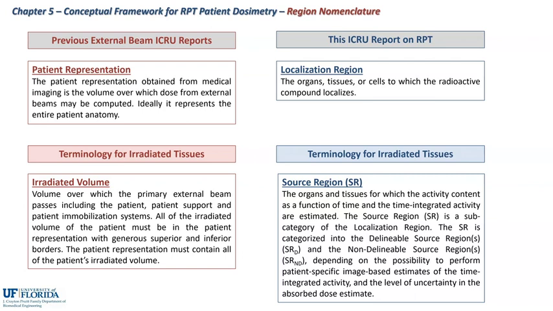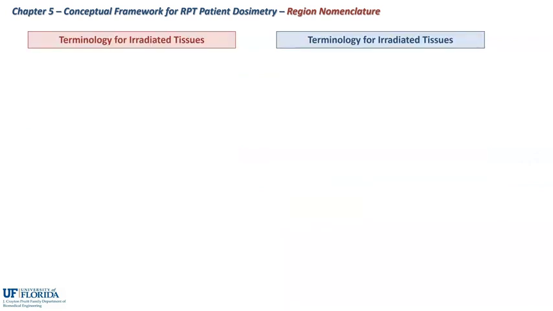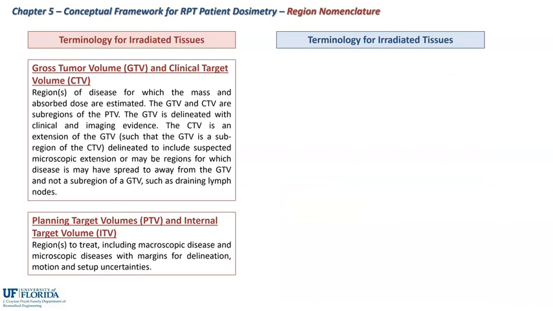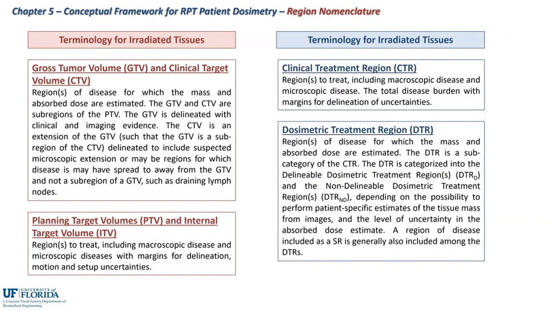And these can be either delineable or non-delineable, depending on the possibility of performing patient-specific imaging estimates and the level of uncertainty in the doses. In the traditional radiotherapy series of the ICRU reports, we have the gross tumor volume, the clinical target volume, planning target volume, and internal target volume.